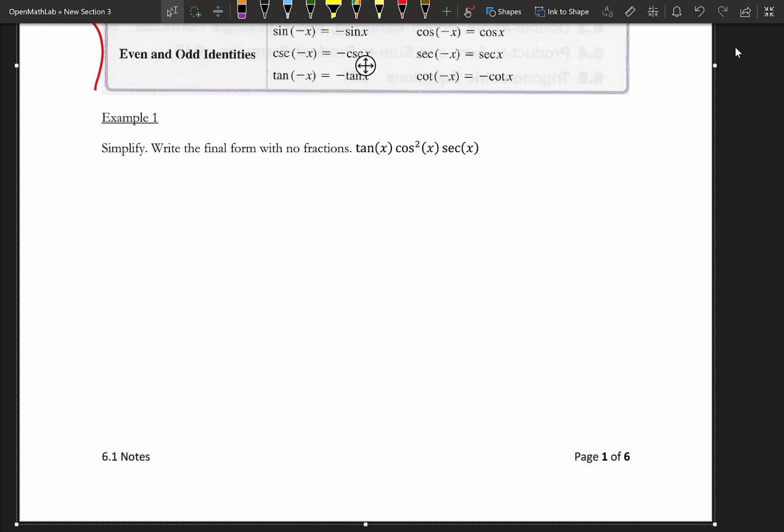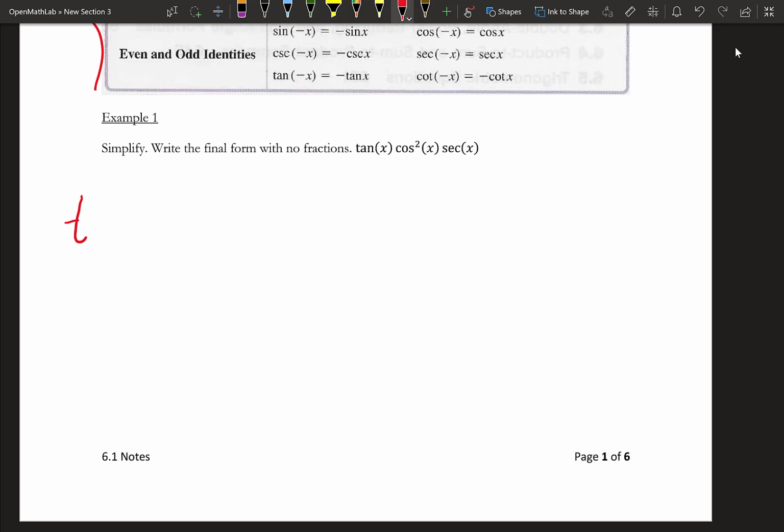Cosine squared x is obviously in terms of cosine. Secant can be 1 divided by cosine, and tangent can be sine over cosine. Sometimes these don't come obvious to you, so you just have to play around and figure out what works.